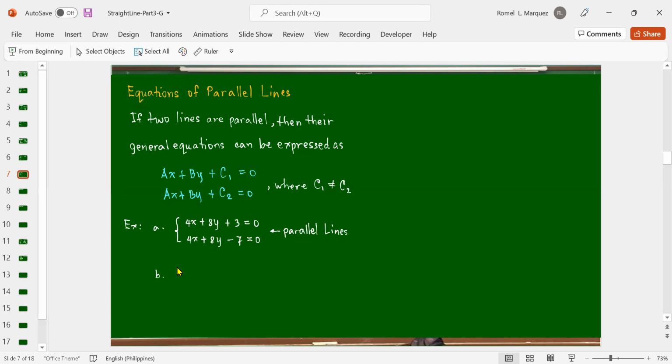It is also possible that the coefficients are not written the same way, but you can make them the same.